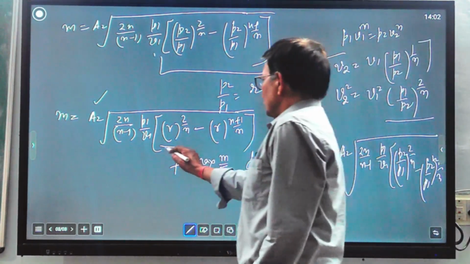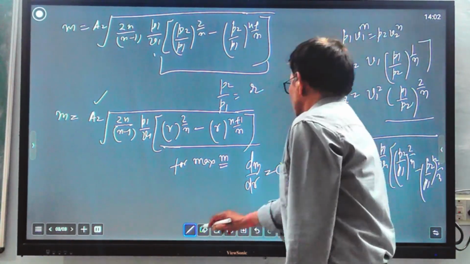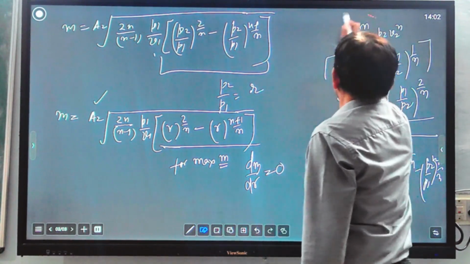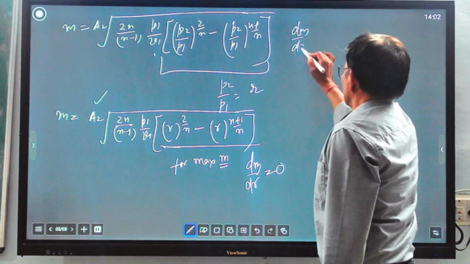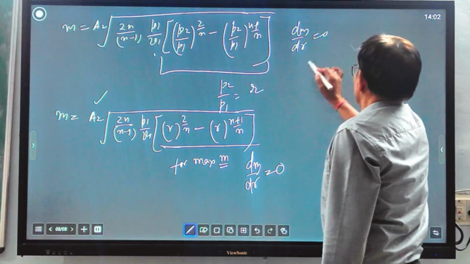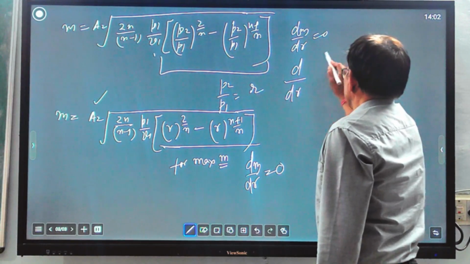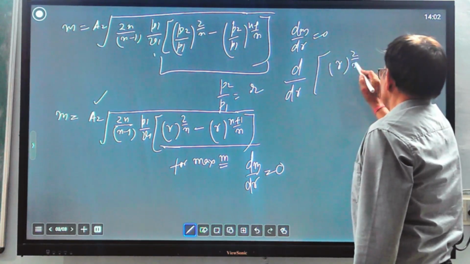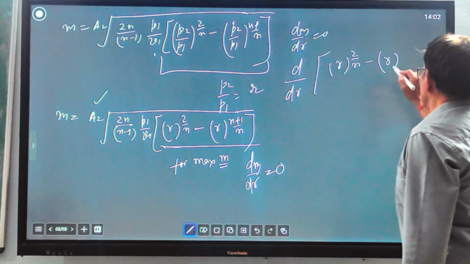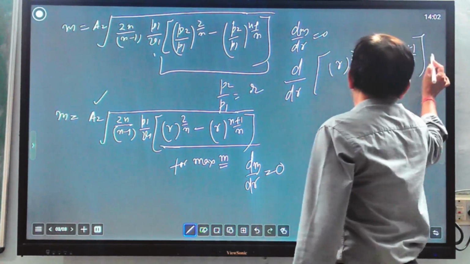So differentiating the whole quantity inside the bracket with respect to r. Now see, dm by dr equal to 0 means d upon dr of the bracket (r to the power 2 by n minus r to the power n plus 1 upon n), differentiating this and equal to 0.